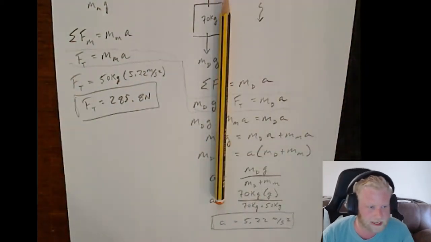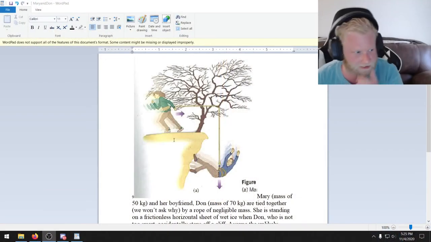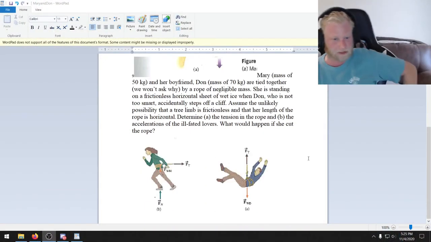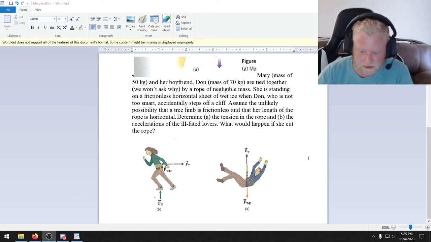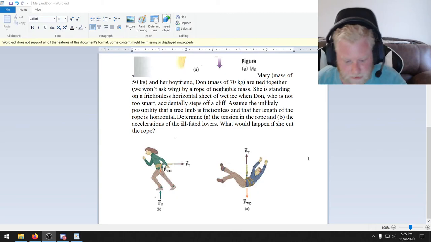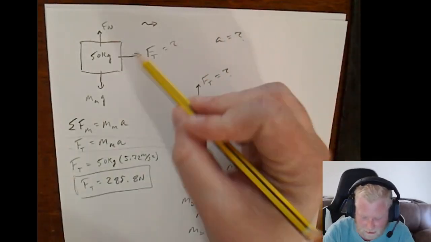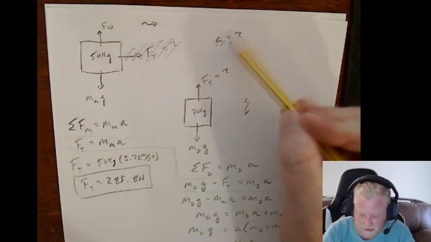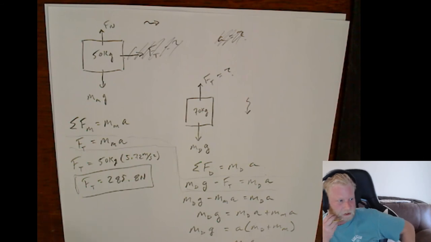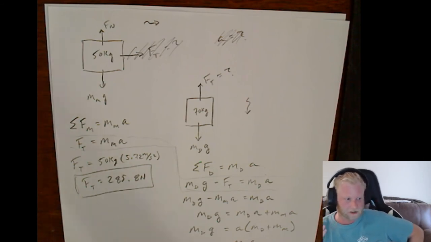Now, the last portion asks us, what would happen if she cut the rope? Well, if Mary cuts the rope, Dawn's going to fall, obviously. But what's going to happen to Mary? If she cuts that rope, that tension force is now gone, meaning she'll no longer be accelerating, but she's still going to end up sliding off the cliff.